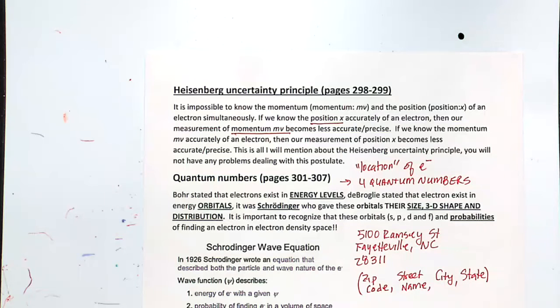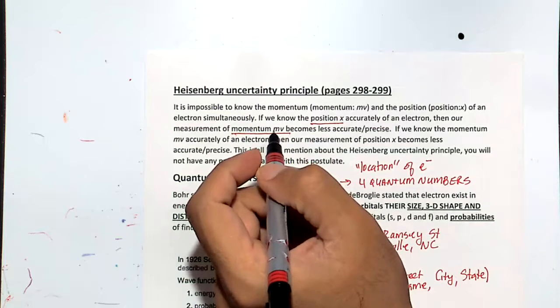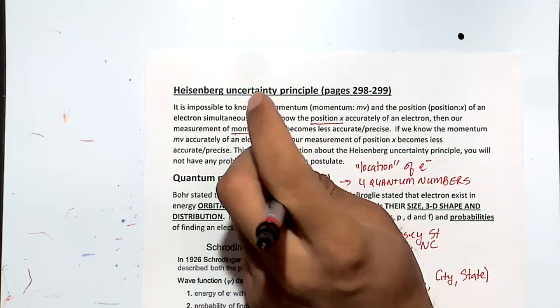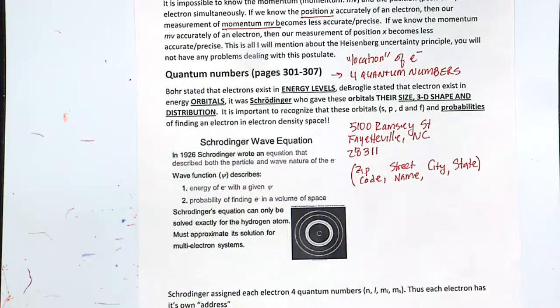Having said that, our best guess are these four quantum numbers, just like the best guess of finding the school are these four items. Realize the Heisenberg uncertainty principle tells us we can never truly know for sure. So what are these four quantum numbers?